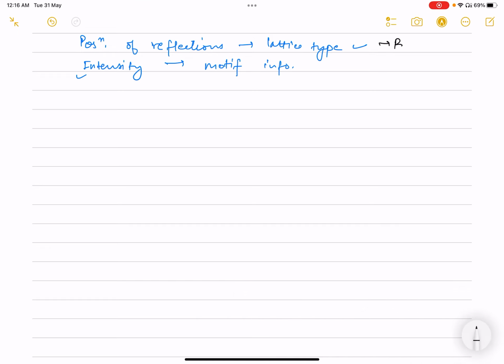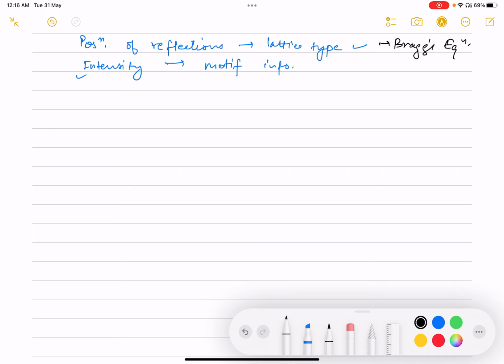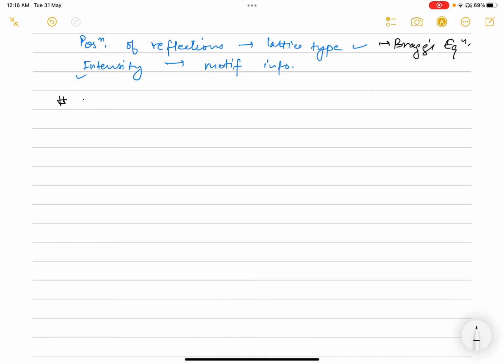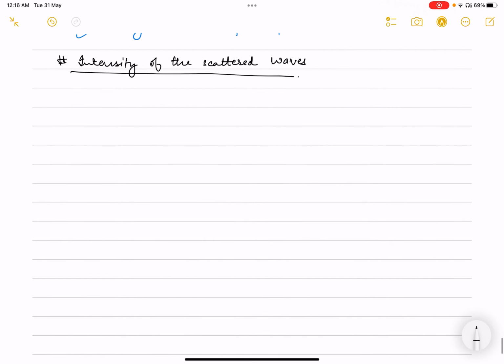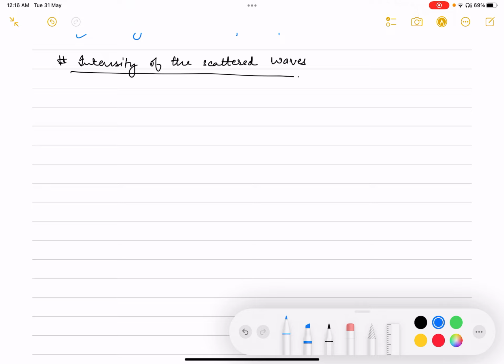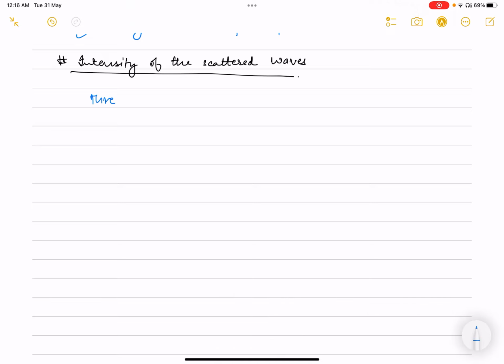This is given by Bragg's equation. Now, how to find the intensity? So, there are certain ways to have the intensity calculations. Scattering by an atom can be understood in 3 steps.